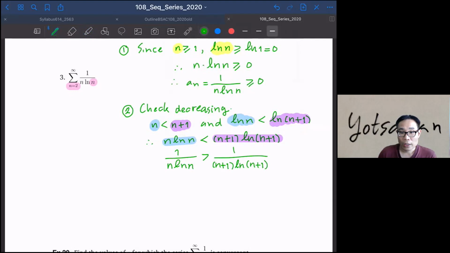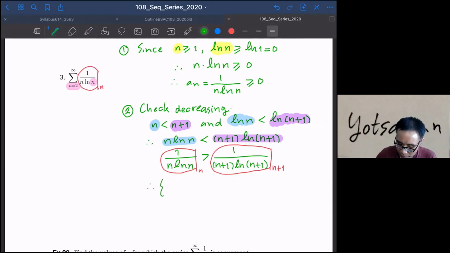This allows you to conclude, with this one being your a_n and this being your a_(n+1), that the sequence turns out to be decreasing.